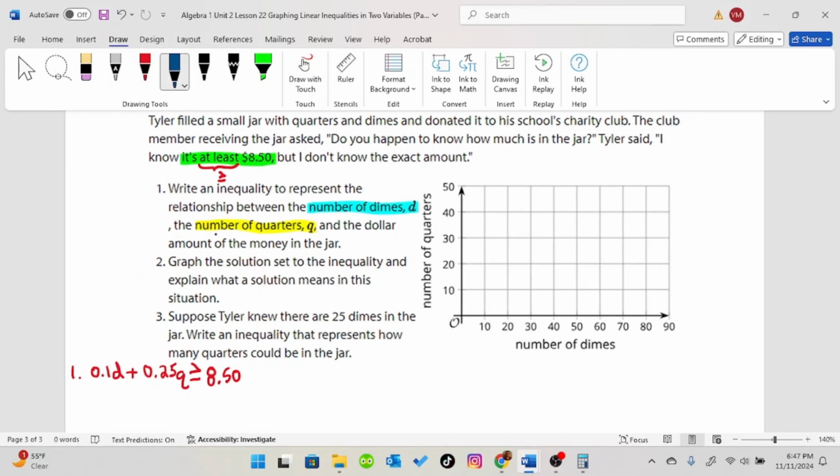Number 2. Graph the solution set to the inequality and explain what a solution means in this situation. So, for number 2, if we had no dimes, then we would have 0.25Q is greater than or equal to 8.5. The opposite of multiplying by 0.25 is dividing by 0.25.